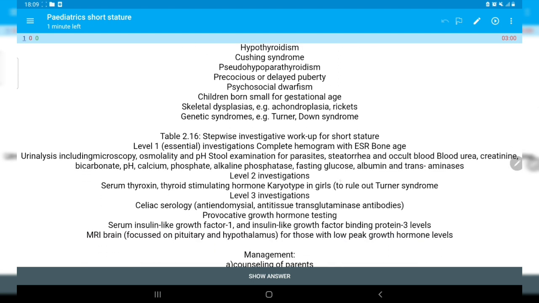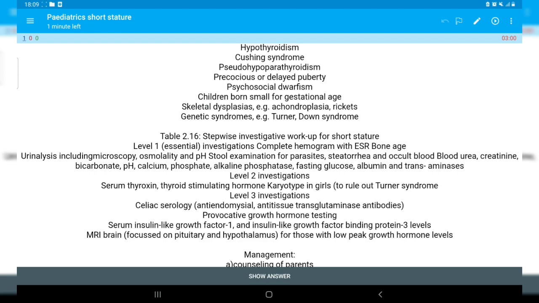Now what is the stepwise investigation workup for short stature? We have three levels of investigations. Level 1 includes complete hemogram with ESR, urine analysis including microscopy, osmolality and pH, stool examination for parasites, steatorrhea and occult blood, urea, creatinine, bicarbonate, pH, calcium, phosphate, alkaline phosphatase, fasting glucose, albumin, and transaminase.